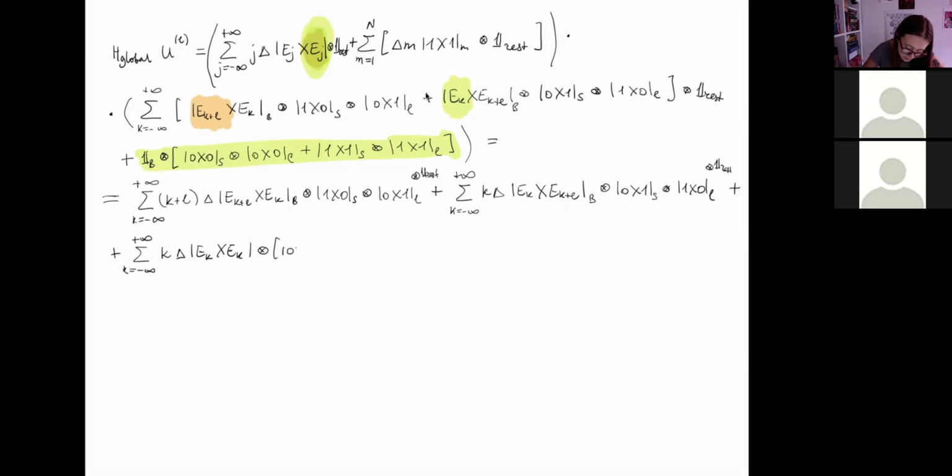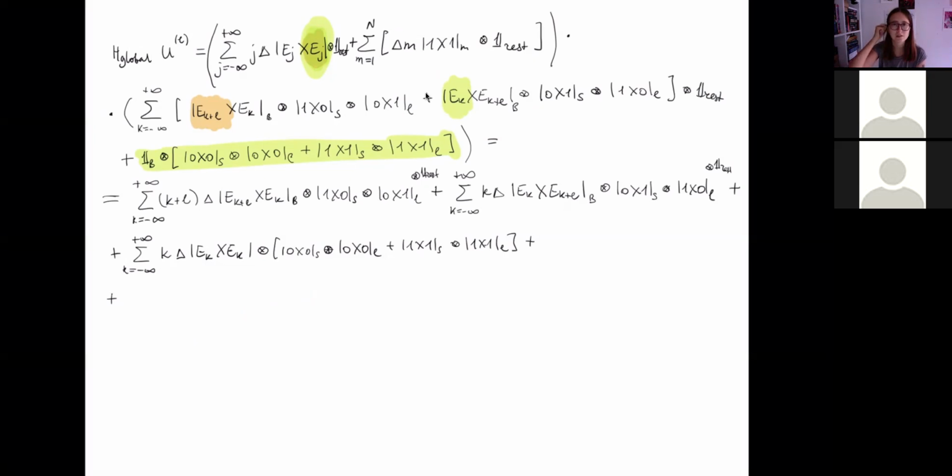Here we have 0, 0 s plus, I'm sorry, 0, 0 l plus 1, 1 s, 1, 1 l. And there is the identity on the rest. Okay, these were all the terms from the first term in the first bracket.